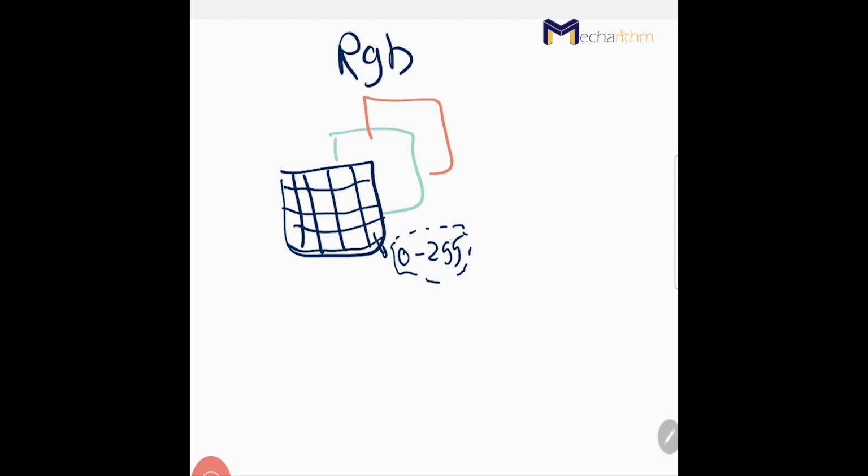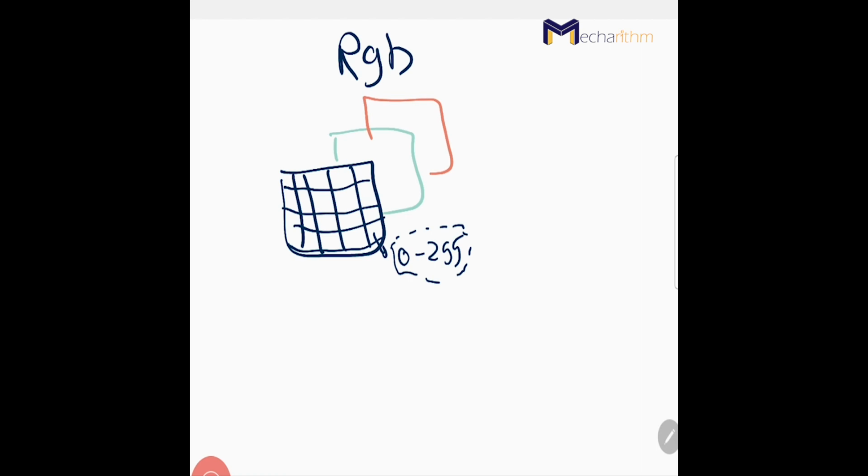So for example, if I have a very high value in a certain element in the blue matrix, then that means that the blue component of that image in this particular location or this particular pixel is very high. So each of these elements represents a feature, basically.